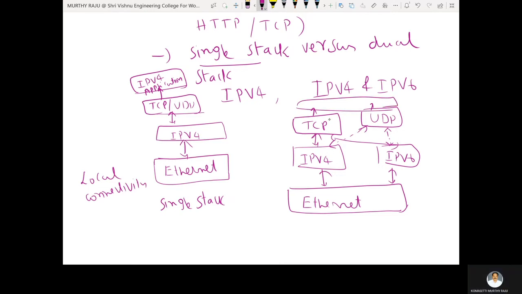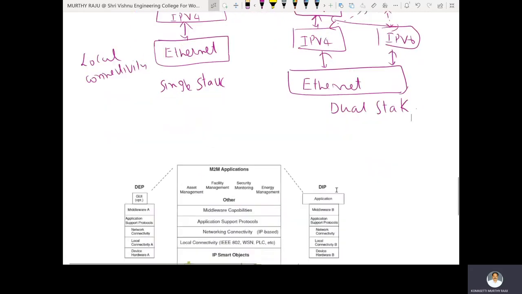Both IPv4 and IPv6 applications. This is called a dual stack. This is the difference, simplified versus full blown. Next one is single stack versus dual stack.